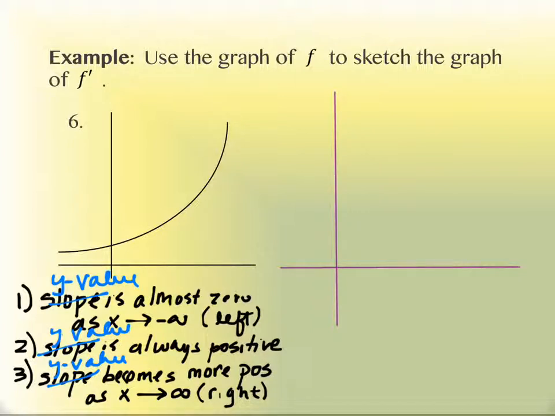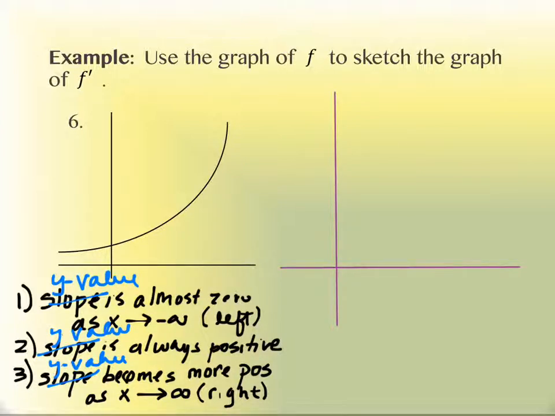You're right. You're really close to the x-axis, right? You're almost on the x-axis. So I need to be really close to the x-axis over here somewhere. I am always above the x-axis. Why, Cooper? Because it said the slope, or in this case now the y value, is always positive. And my y value needs to become more positive as I move towards the right.